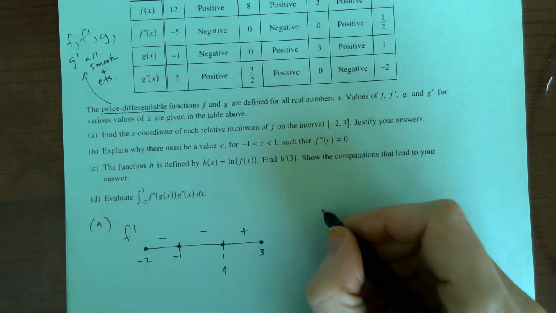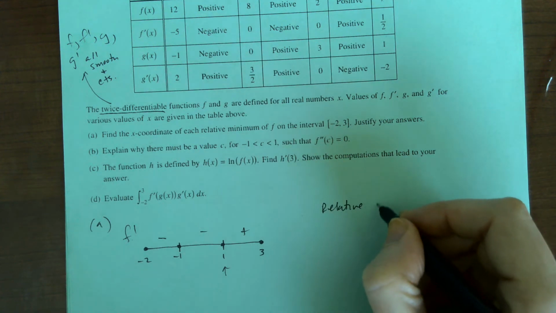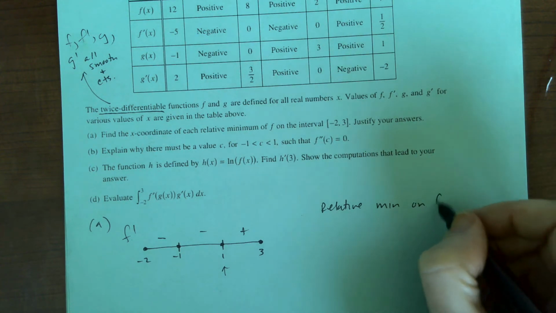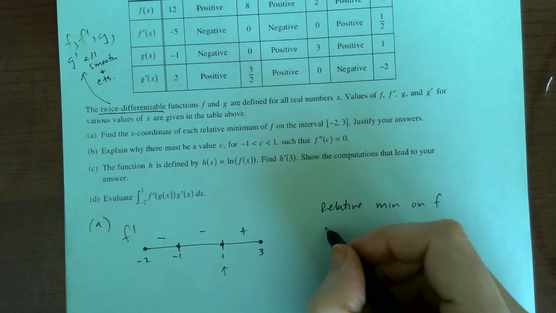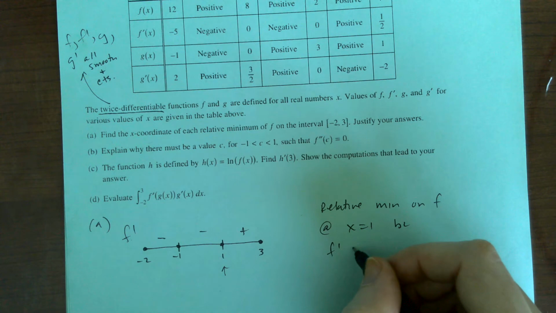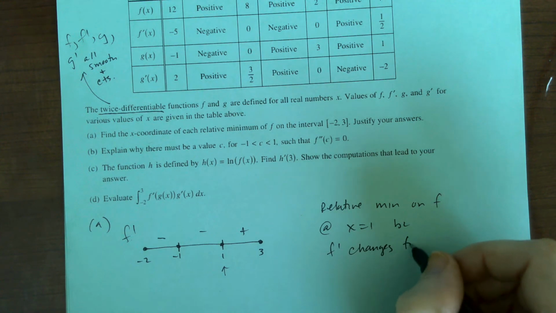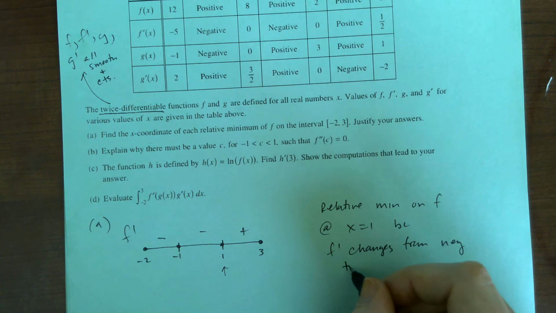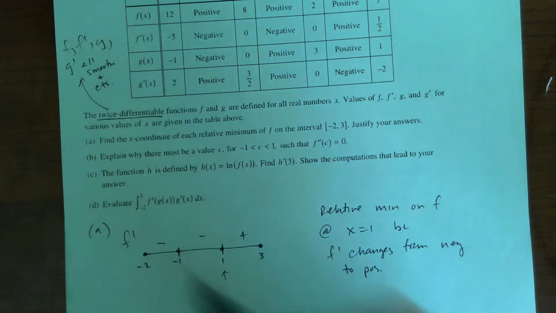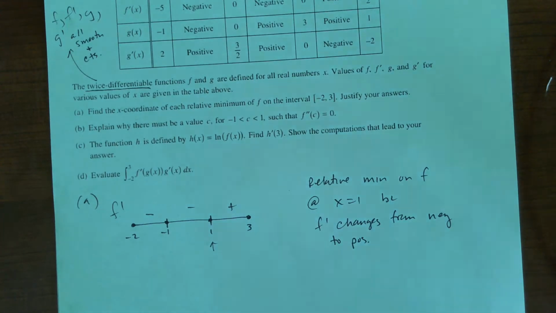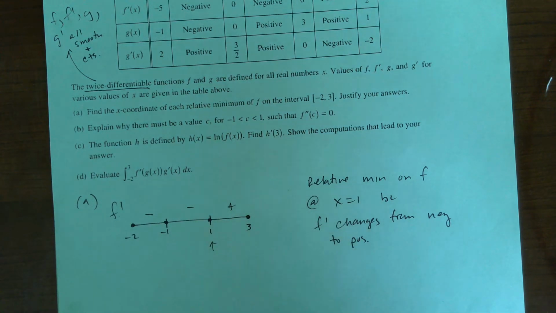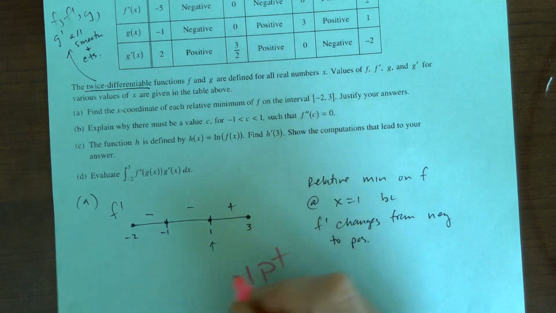All right, so f has a relative min at x equals 1 because f prime changes from negative to positive. Okay, so you get 1 point for that. And you wouldn't really even have needed to show this here. That's enough. And then you get 1 point.